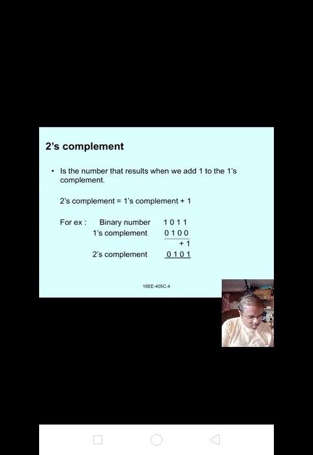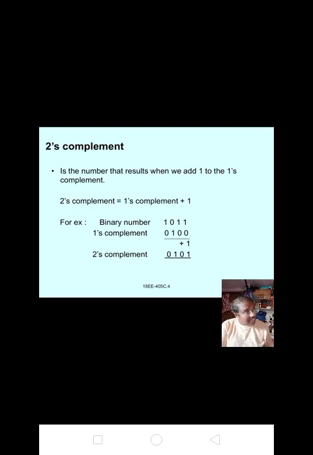Total is 8 plus 4 plus 2, that is 14. 1 0 means what is the value? 2.